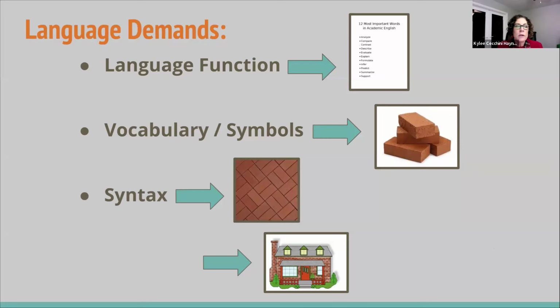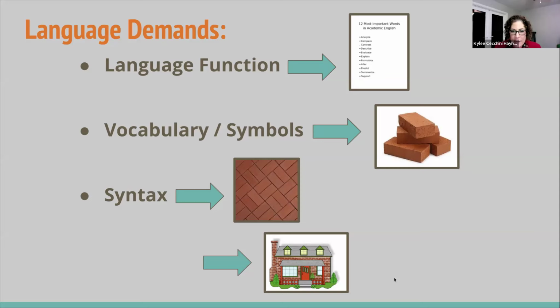In English, the basic sentence is subject, verb, object, right? So those bricks are set up a certain way. In English, we have our adjective in front of our noun, right? So we say the red wagon.